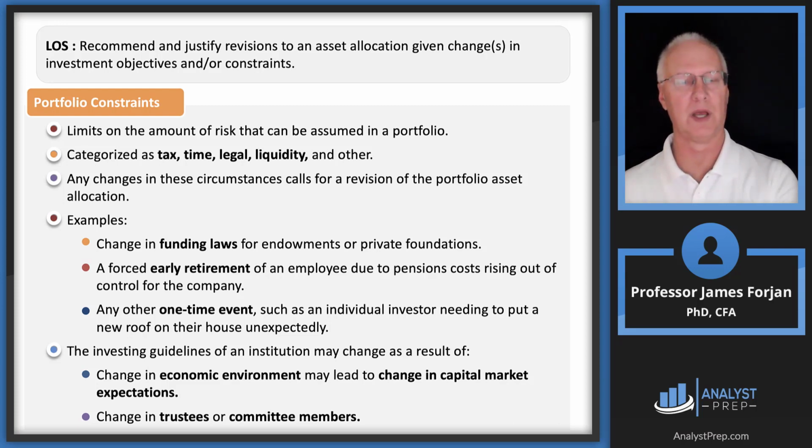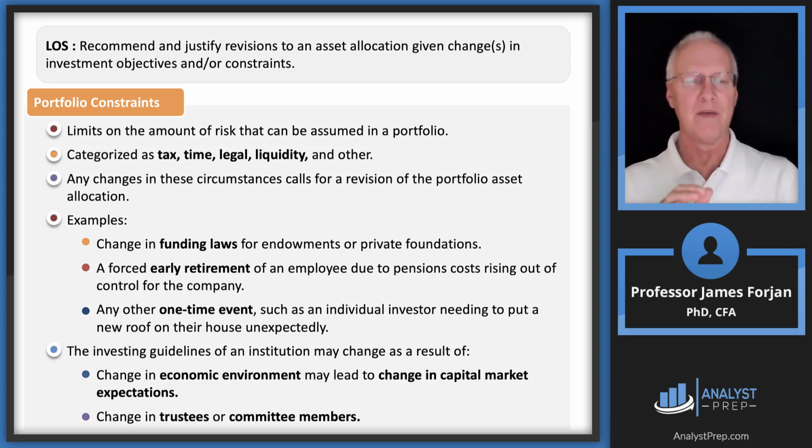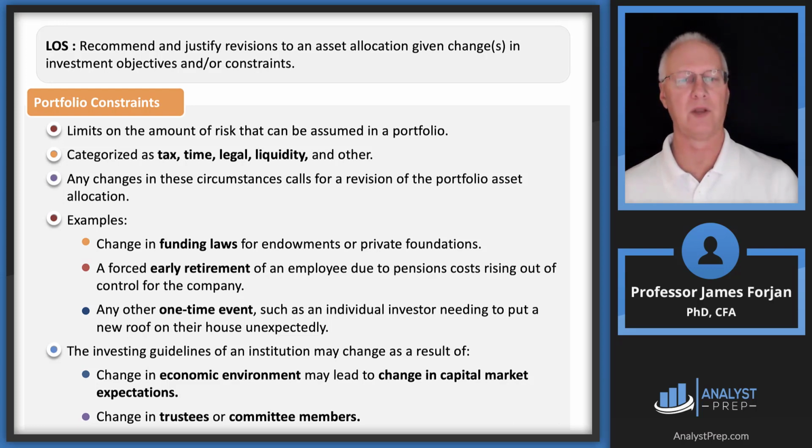I say things like, hey, let's put all of the behavioral issues into that constraint. So what we're doing here in our asset allocation portion is to say, look, if changes in those constraints occur, then that might call for a revision of the portfolio asset allocation.